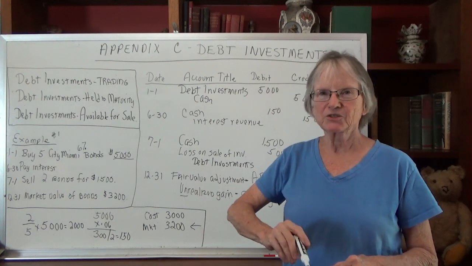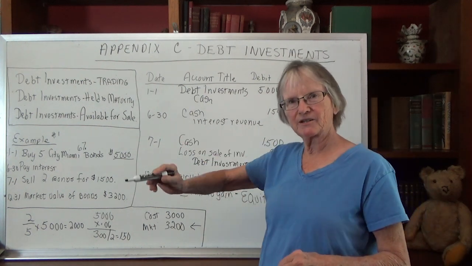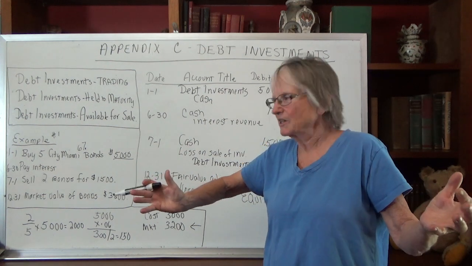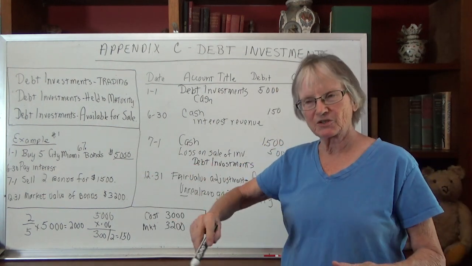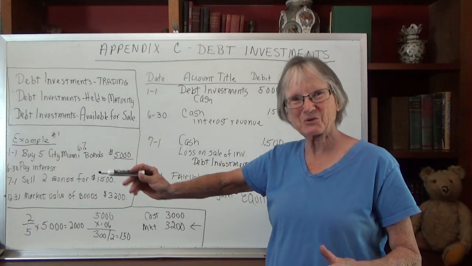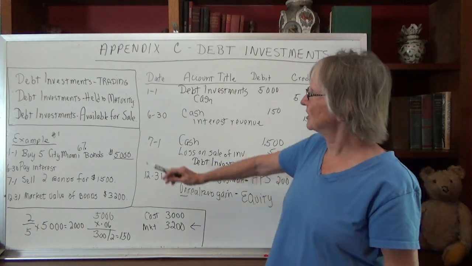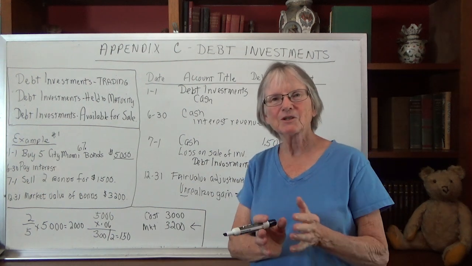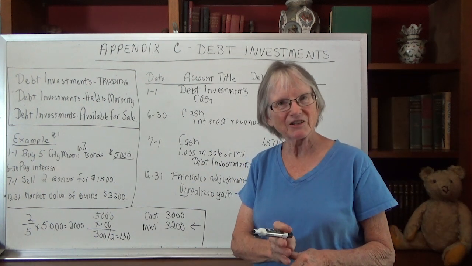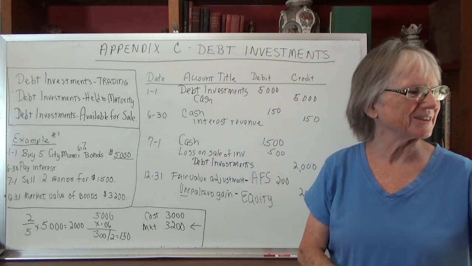In other words, the stock market goes up and down and up and down, and it could add to an erratic earnings curve if we reported all of these on the income statement, which is why they bypass the income statement and get reported on the balance sheet in the stockholders' equity section.